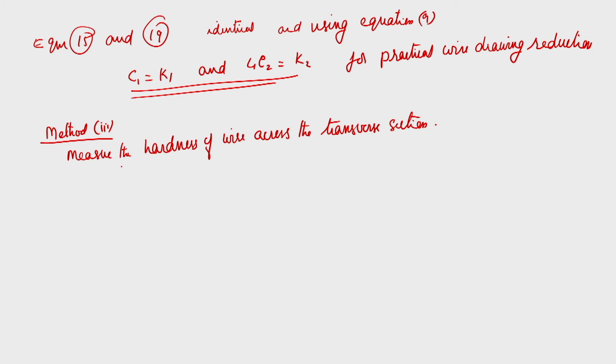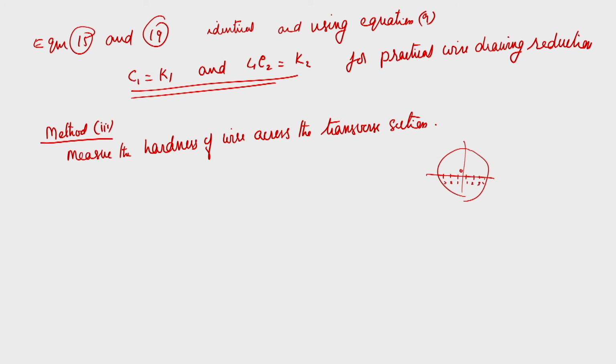Now, in your sample, after the wire is drawn, you section it, and across the section, if it is a circular piece, along the diameter, you find out the hardness at different points. If this is the center, you can say this is 1, 2, 3, 4. If it is a rectangular piece, you measure across the thickness.